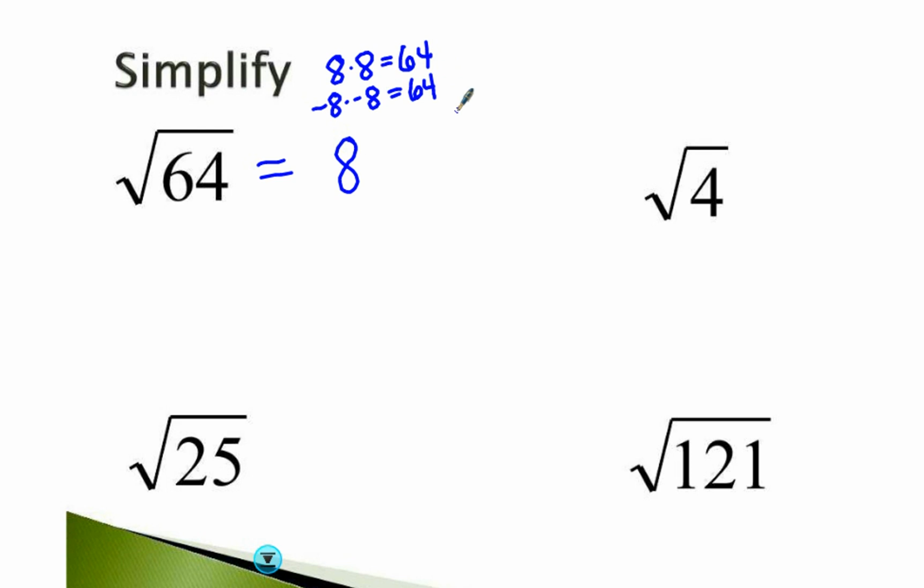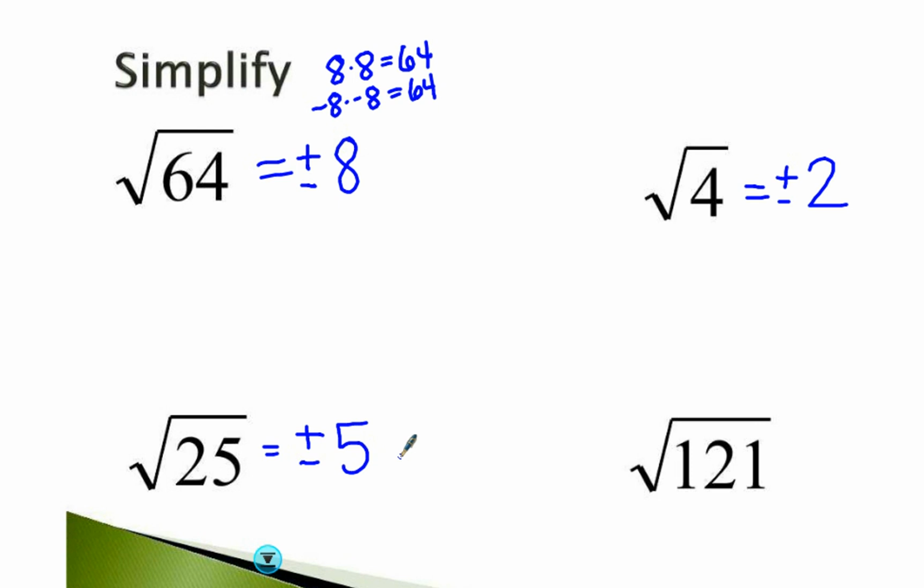So anytime we take the square root of something, we unofficially take the positive and the negative version of that, because two negatives multiplied against each other gives us a positive. So the square root of 4 here is both positive 2 and negative 2. Square root of 25 is both positive 5 and negative 5.